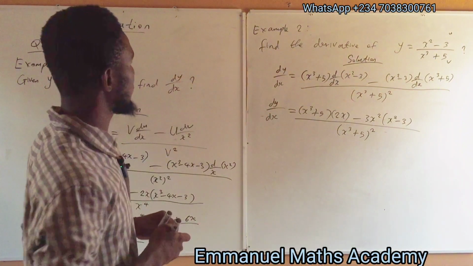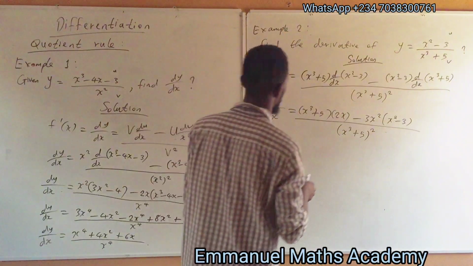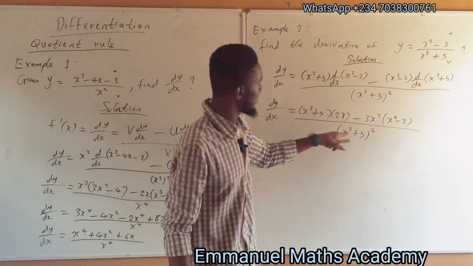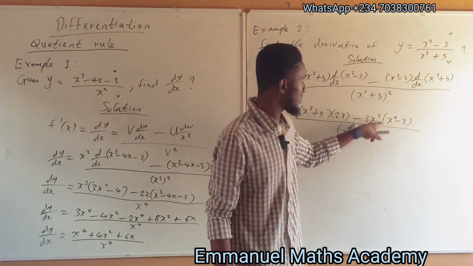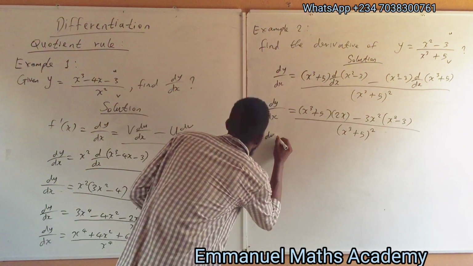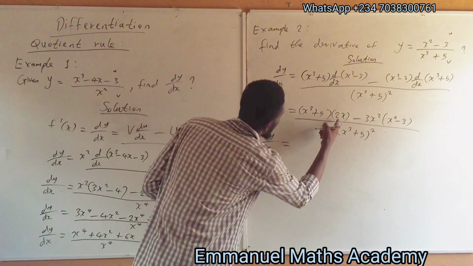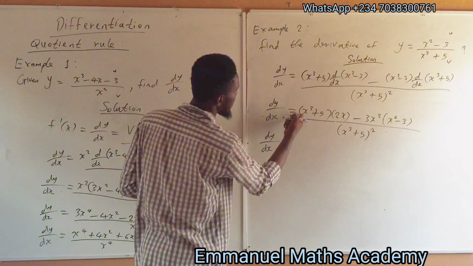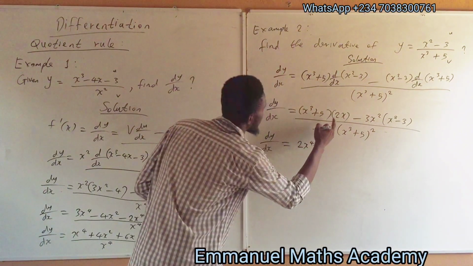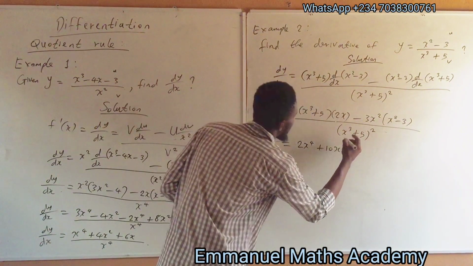Is that correct? What do we do further? You use this to open up the bracket. You use this 2x to open up this bracket. You also use minus 3x to the power 2 to open up this bracket. Right? You now have that your dy dx is equal to 2x times x cubed will give you 2x raised to the power 4. 2x times 5 will give you 10x.